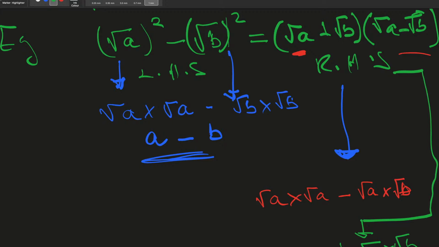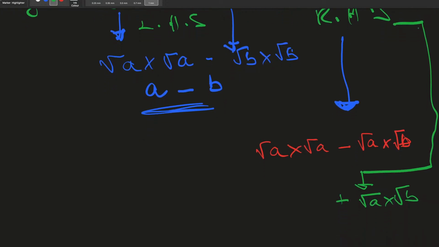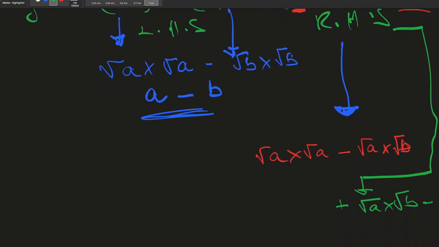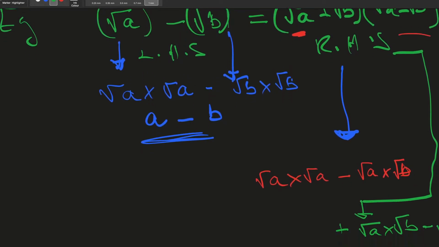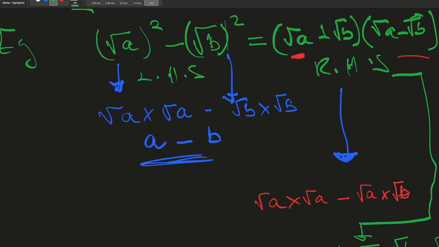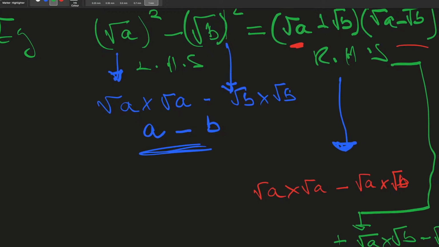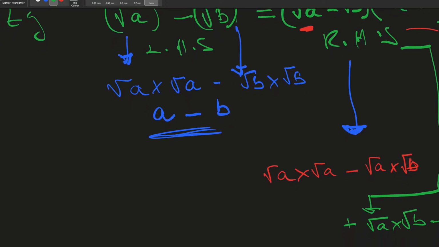Then we'll multiply this by that. There's a minus sign, so this is minus root b times root b.